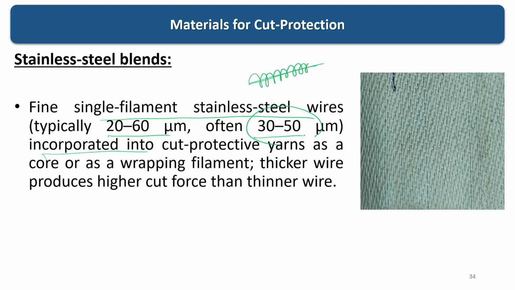Typically 30 to 50 microns are used, incorporated into cut protective yarns as a core or as a wrapping filament. So, in the core we have the stainless steel filament, and in the sheath other fibers like ultra high molecular weight polyethylene can be used.